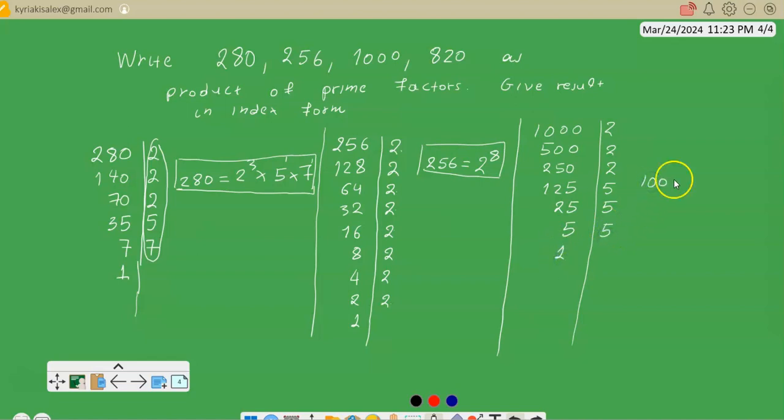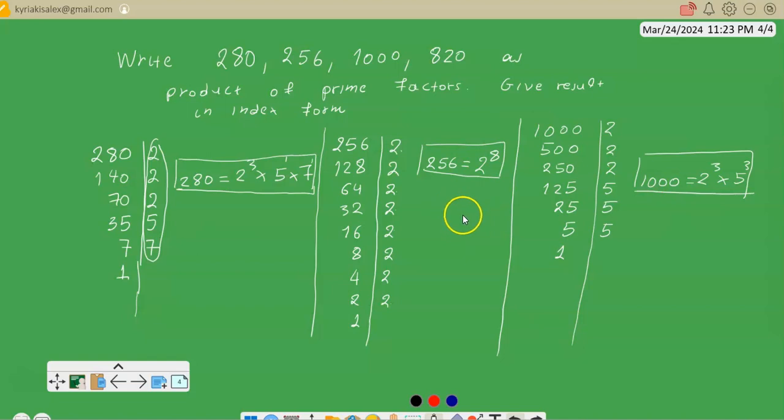So 1000 equals 2 to the third power times 5 to the third power. Indeed, 2 times 5 to the third power, so it's 10 to the third power, is 1000.